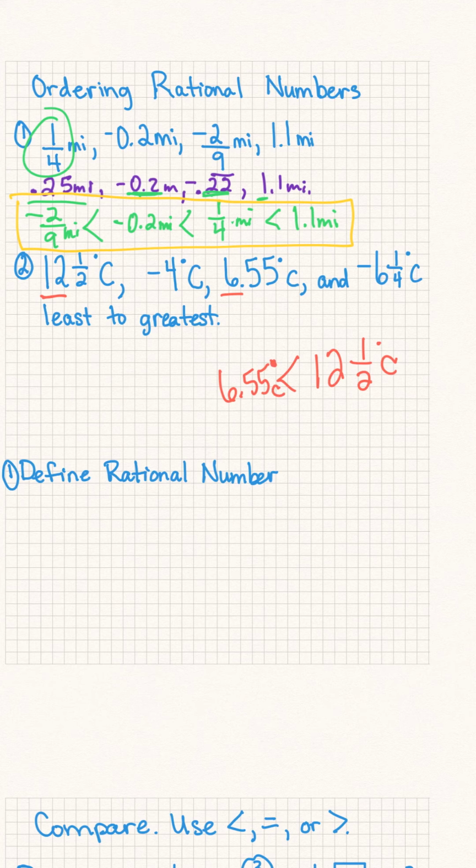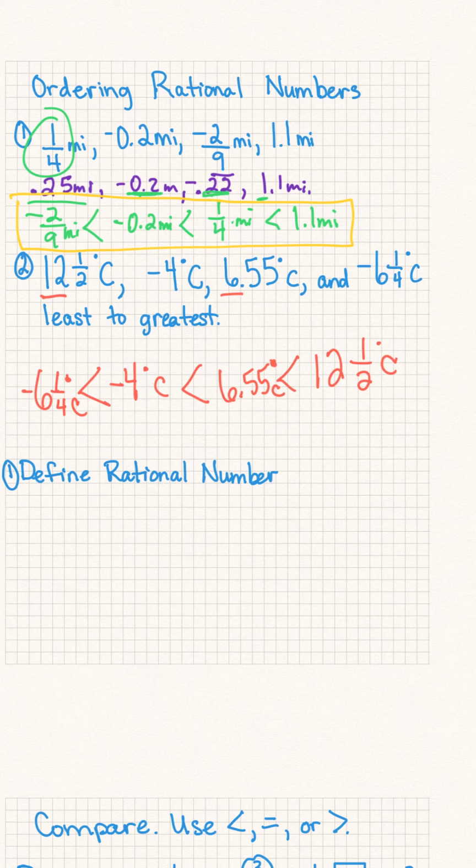And then we go to the negatives. -4 is closer to 0 than -6. So this is going to be -4 degrees Celsius. And then our least number is -6 1/4 degrees Celsius.